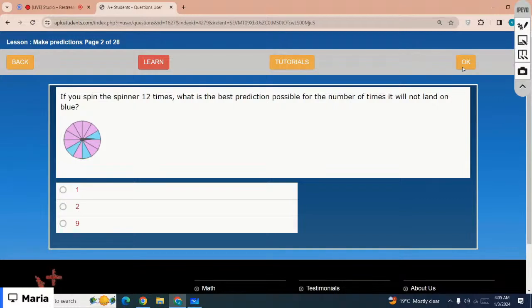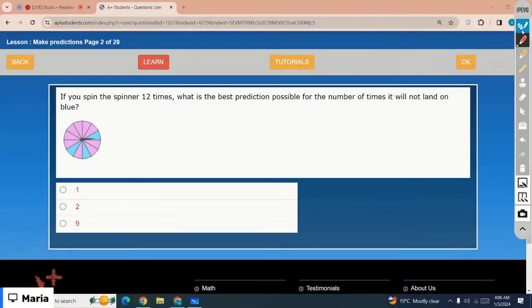Okay, if you spin the spinner 12 times, what is the best prediction possible for the number of times it will land on blue? First, find the probability of blue, right? You have 1, 2, 3, 1, 2, 3, 4, up to 12. The total outcomes are 12.